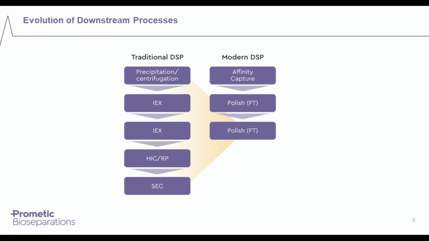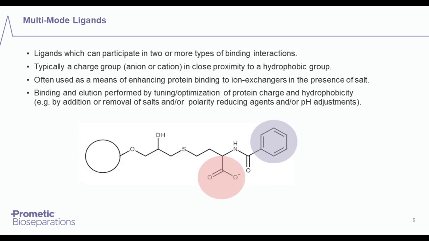More recently, modern downstream processes are making use of an affinity capture step to provide a large increase in purity at the first step. This makes the removal of residual impurities relatively straightforward, by using one or more polishing steps where the impurities are captured and the product passes straight through. Today, as an example, most monoclonal antibodies are purified using this approach, using immobilized protein A as the affinity capture step, followed by a couple of polishing steps.